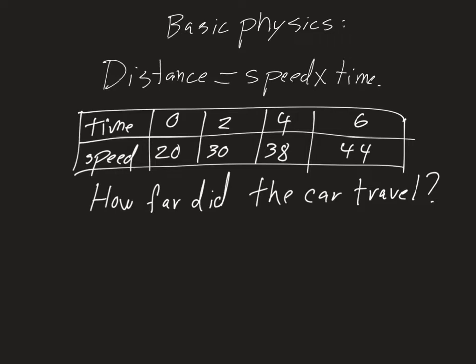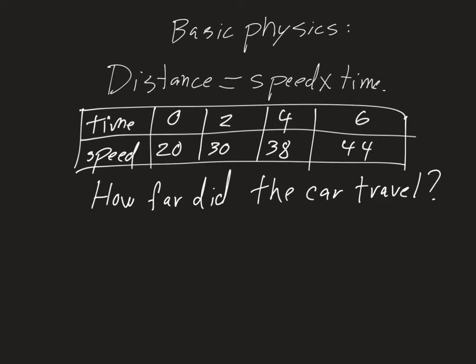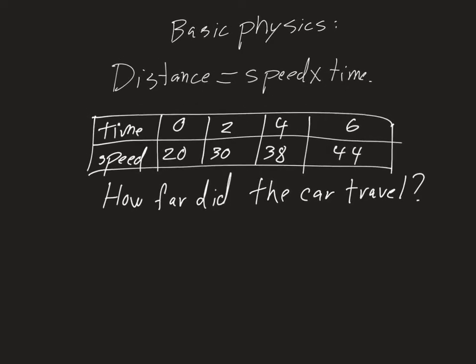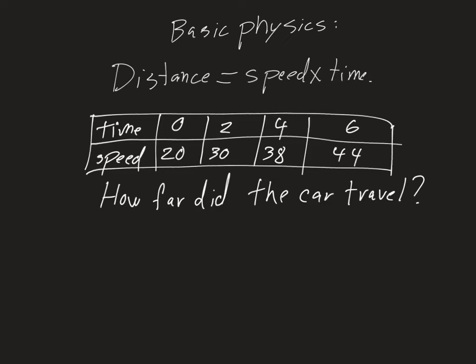Okay, so how do we go about working through this problem? One of the key ideas here is that we're going to be using, again, this very basic physics formula. Now, why is this formula going to be helpful here?